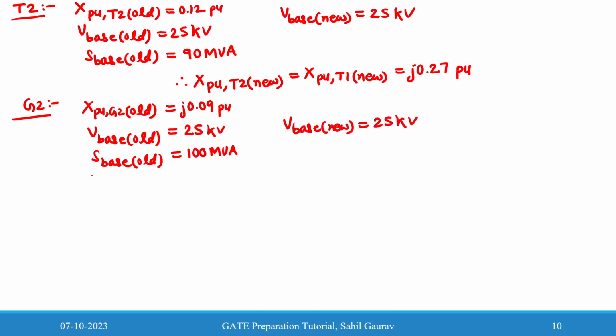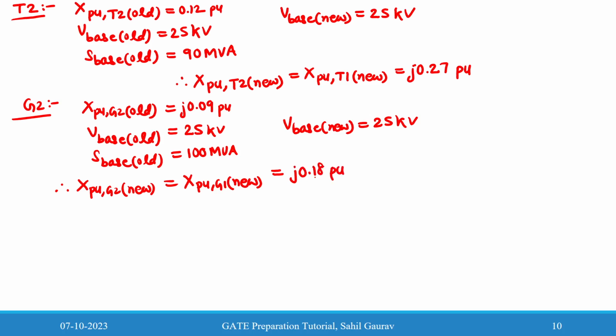So this will be similar to generator 1. Therefore X per unit for generator 2 is the same as for generator 1, so this is j0.18 per unit.